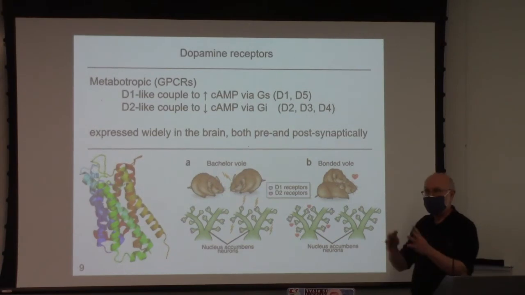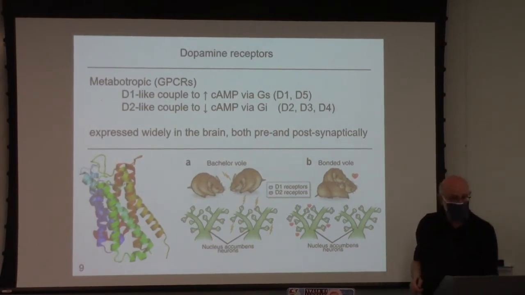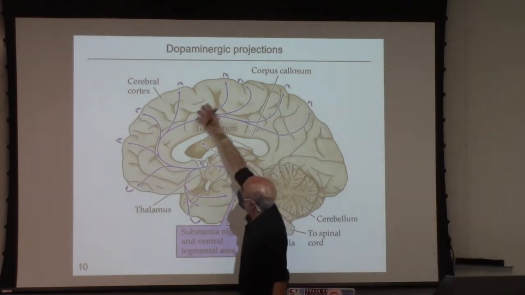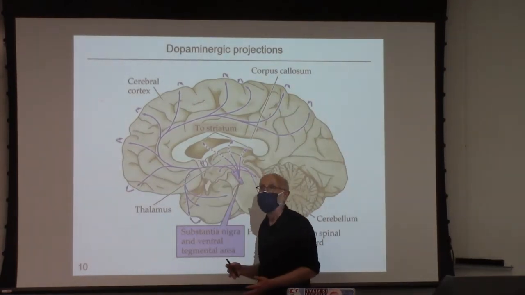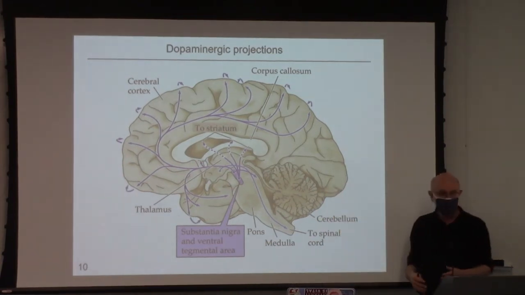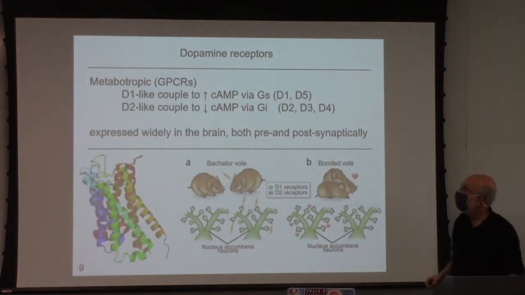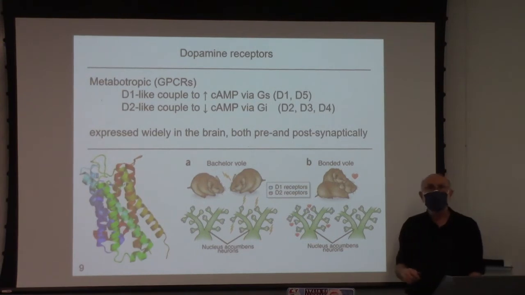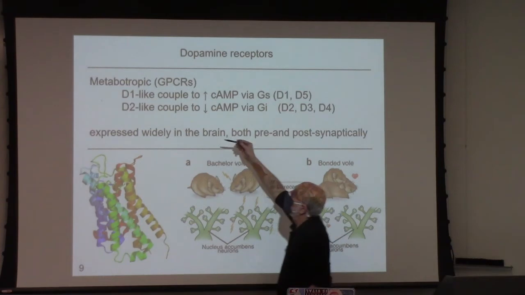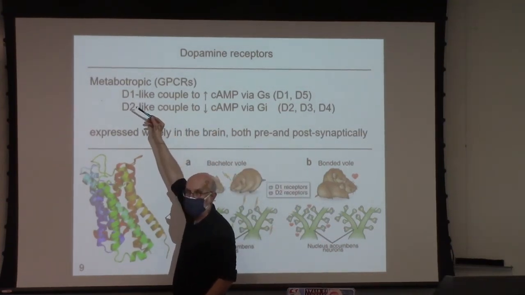Dopamine receptors, like the previous slide. The receptors are everywhere because dopamine is released globally in the brain. There are two types of dopamine receptors. They are both GPCRs. I don't want you to memorize what D1 and D2 are.